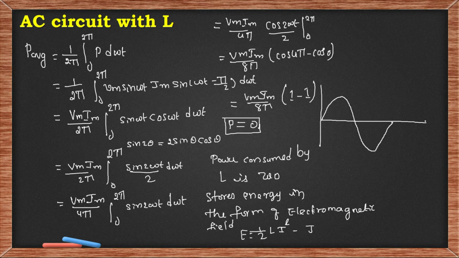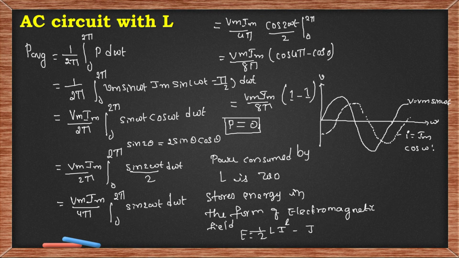I will consider only one full cycle, omega t, and this is V. Let us consider the current. As you know, the current lags by pi by 2. I will extend this voltage waveform. So this is V equals Vm sin omega t, and this is the current, i equals Im cos omega t.